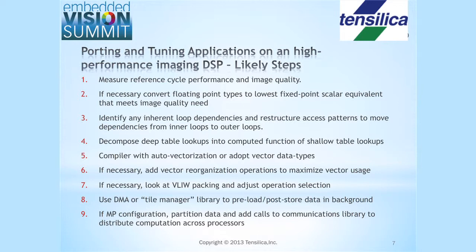Or in some cases, you may want to adopt an explicit vector data type, where it's otherwise C programming, but the fundamental objects aren't ints and shorts, but vectors of ints and shorts. In a few cases, the algorithms are sufficiently bizarre in terms of their data access that you need to operate explicitly on the elements of vectors and do reorganization on the fly, and that typically comes in about this stage.